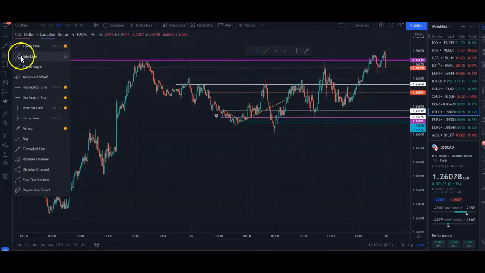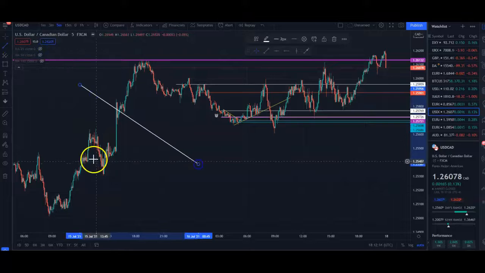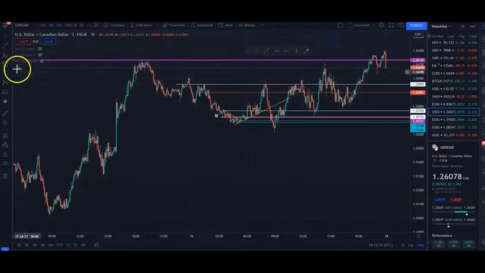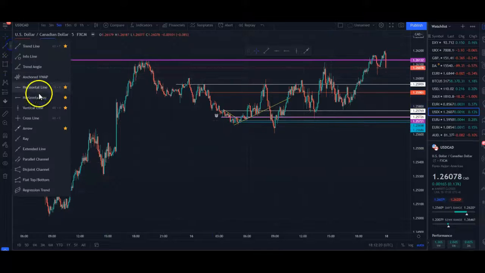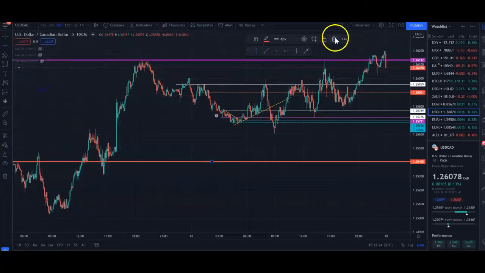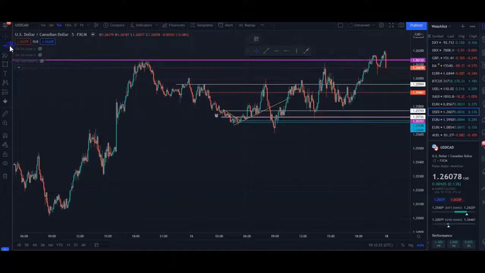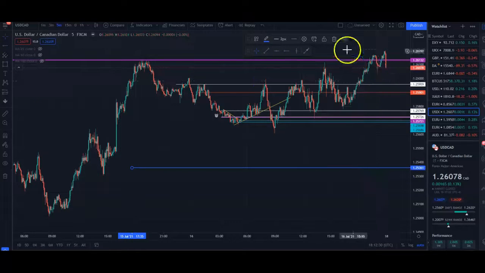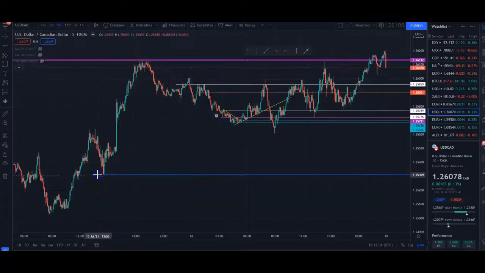Trend line is going to be just a flat line that we can figure out for the trend. Pretty self-explanatory, but horizontal line is going to be the line straight through. Horizontal ray is going to be the cutoff, so wherever you want it and over.